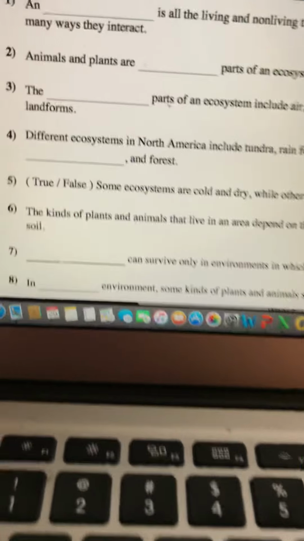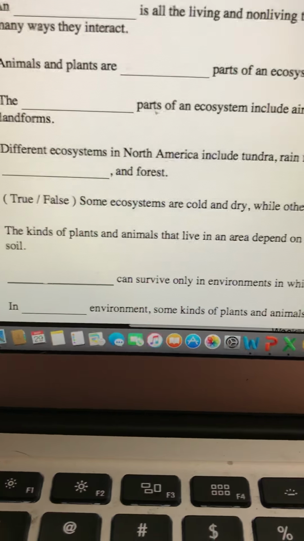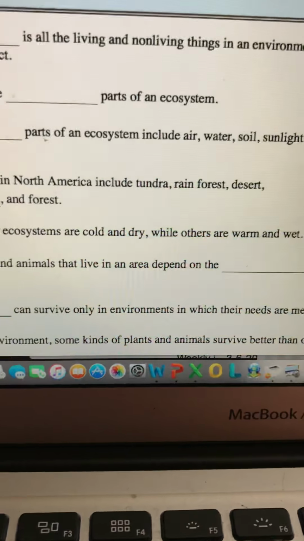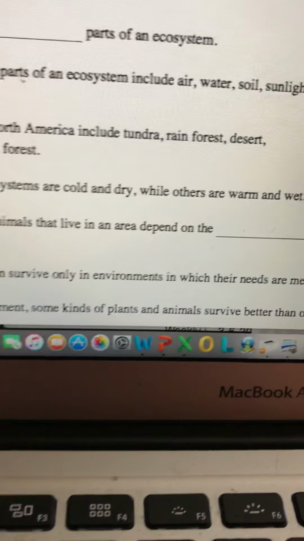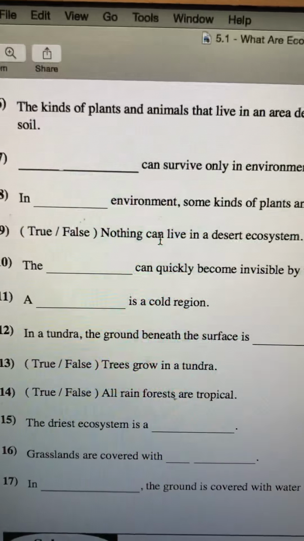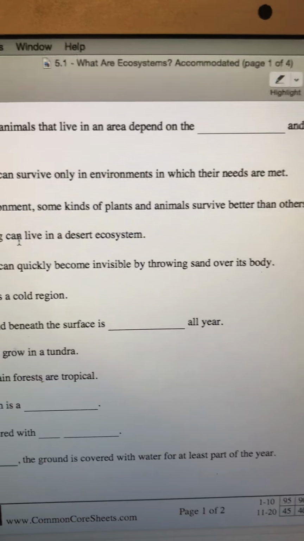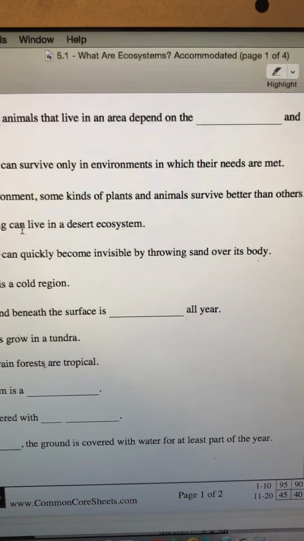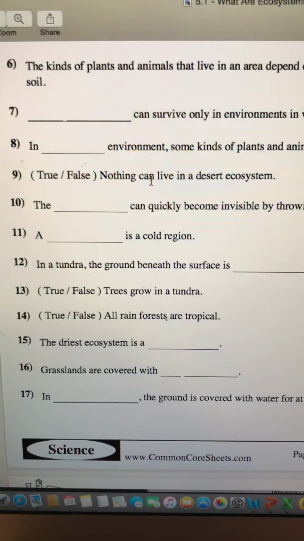Number 7. Blank can survive only in environments in which their needs are met. Number 8. In blank environment, some kinds of plants and animals survive better than others. 9, true or false?